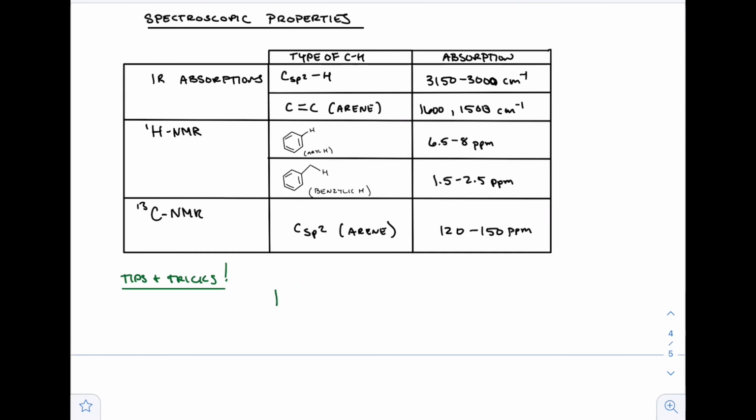All right, so some tips and tricks for disubstituted compounds. When it comes to carbon and proton NMR, when we have disubstituted benzenes, there are 3 different arrangements that we can have: the ortho, the meta, and the para, right?